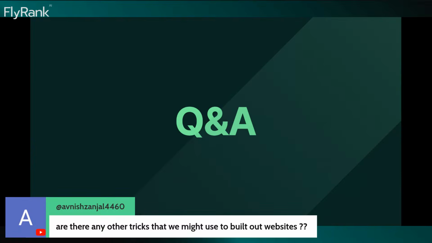Are there any other tricks that we might use to build our websites? Well, to be honest, there is a lot of libraries, frameworks. People have created websites with like millions of buttons, button styles, loader styles. Like you can find anything online basically, so you don't have to think about it as much as you had to before.